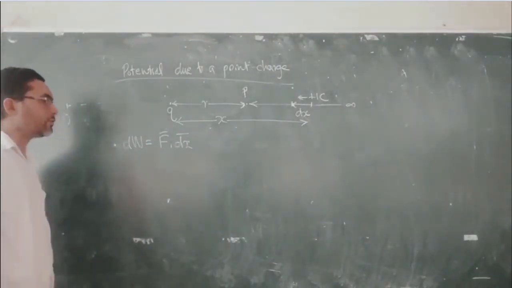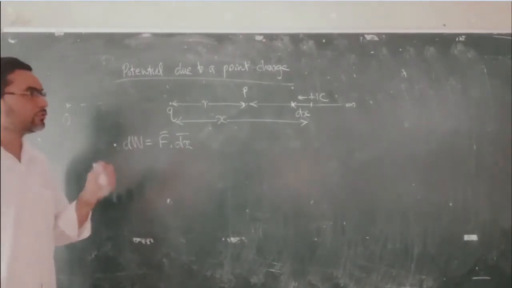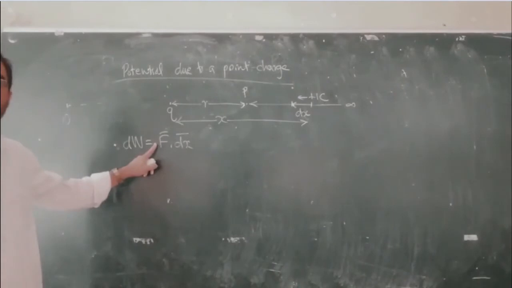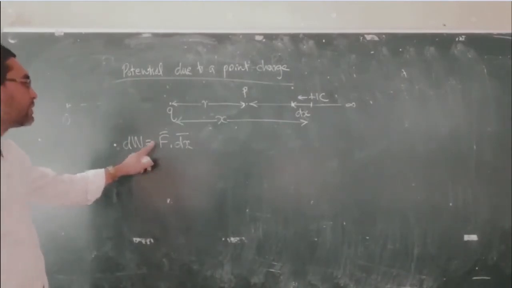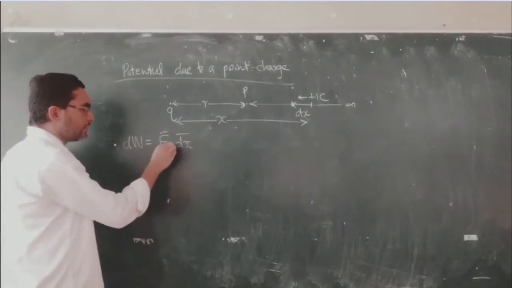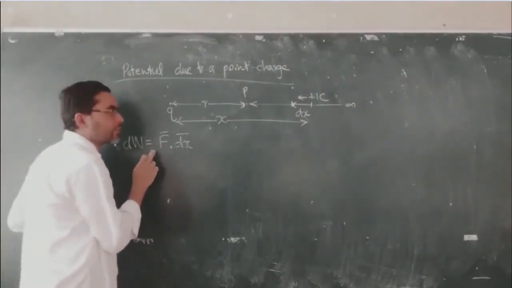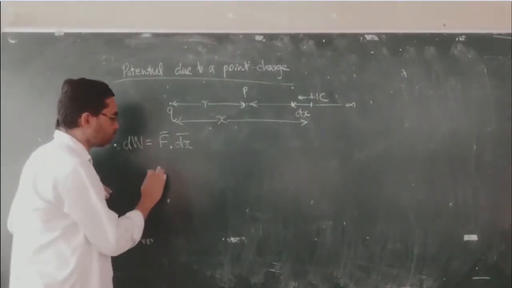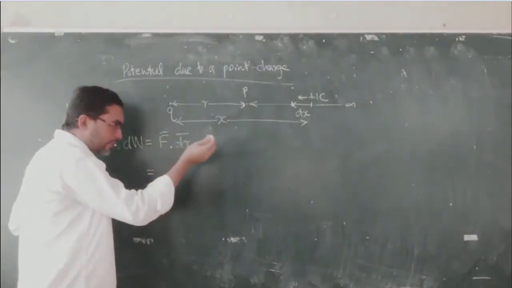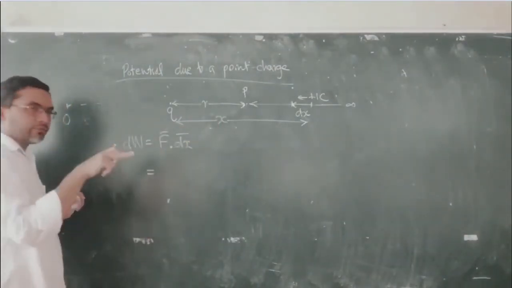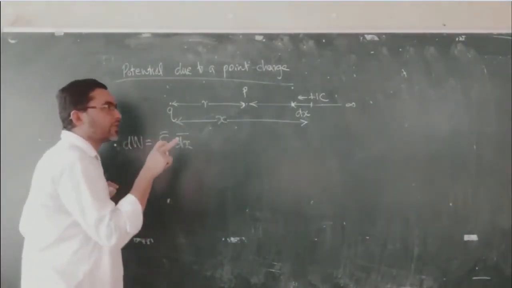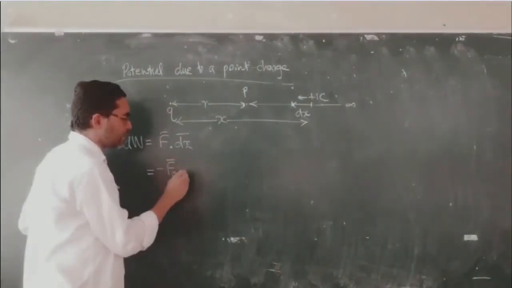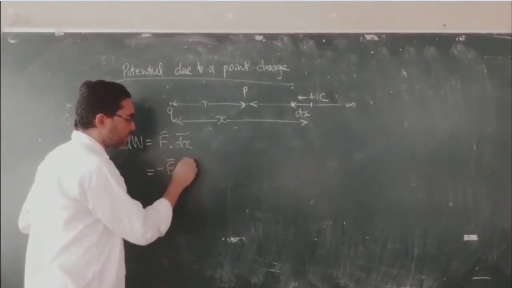It is the amount of work that you have to apply on that particle, and F is the force required by the external agency. You have to apply a force against the electrostatic force, so this will be equal to minus Fe dot dx.